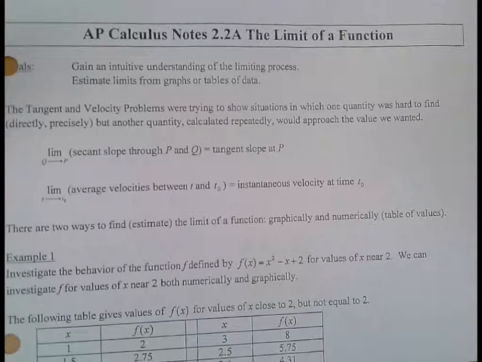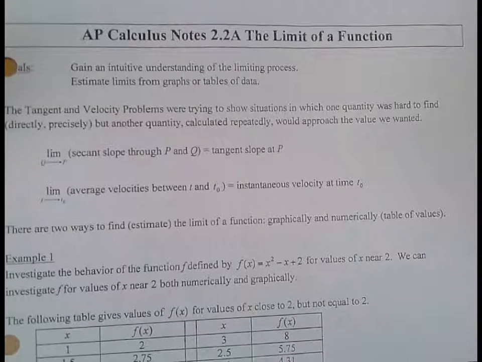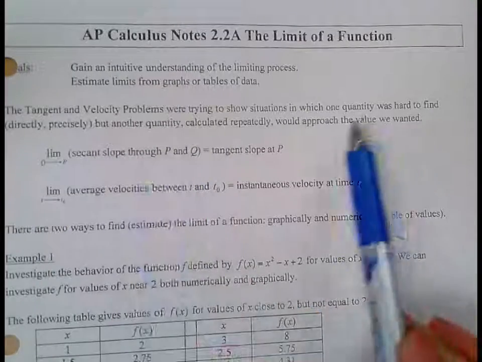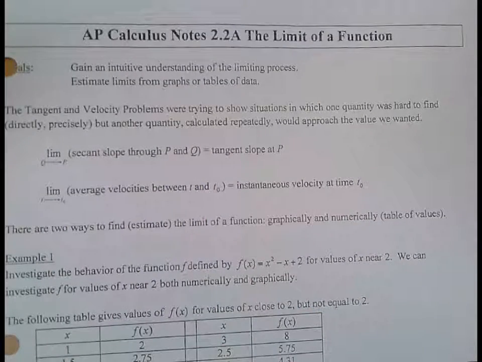Okay, so today we officially start talking about limits and have the actual notation for limits. As a refresher from the last two lessons, the tangent problem and the velocity problem, these are trying to get you to understand the idea of a limit.